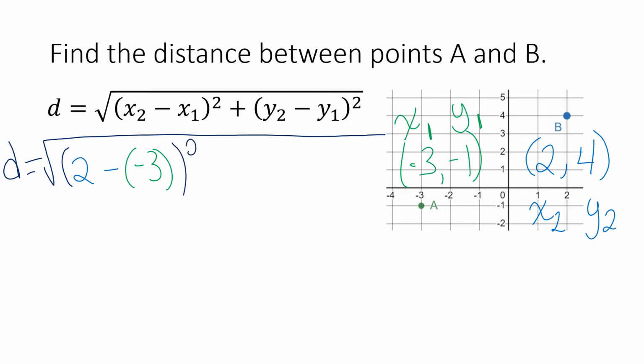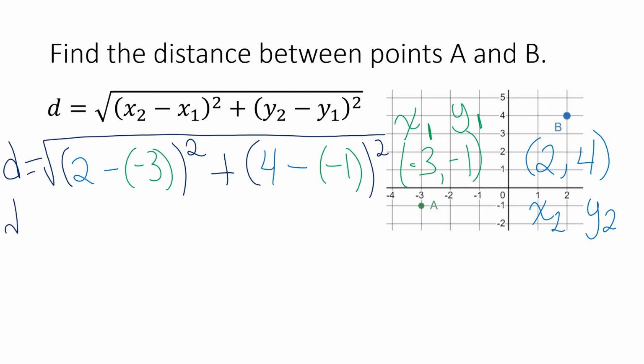And we're going to square that quantity. Now we need the y-coordinate from point B, which is 4. And we're going to subtract the y-coordinate from point A, which is -1. And we're going to square that quantity.